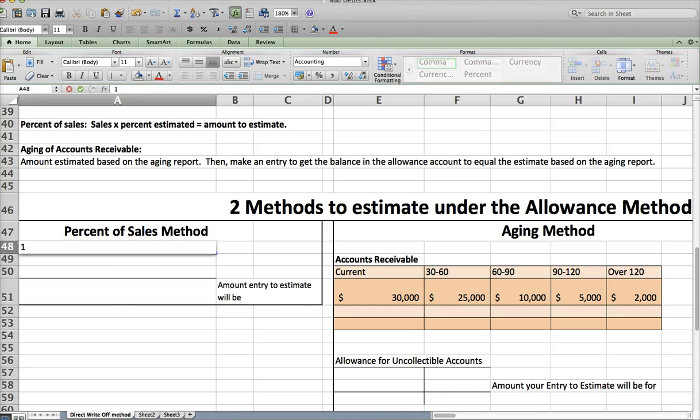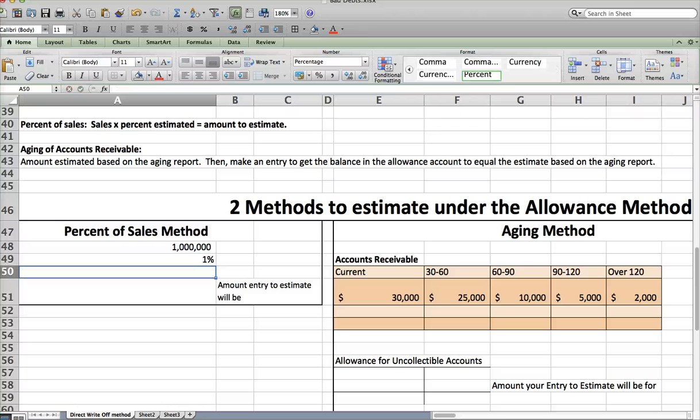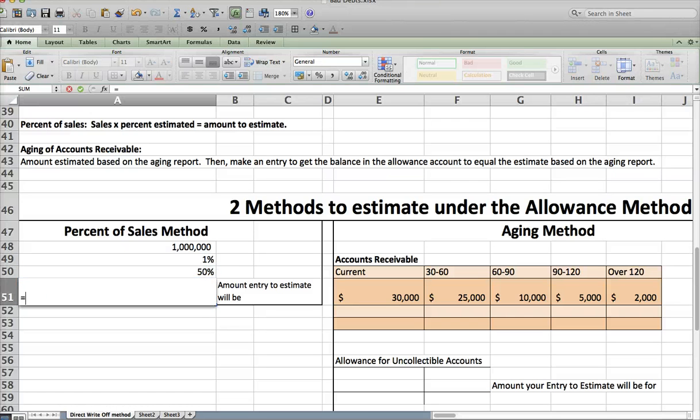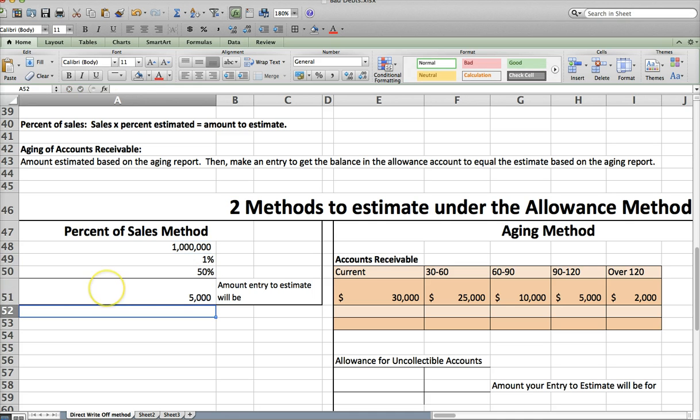Okay, so let's do the first one, percent of sales. Let's say we have $1 million of sales, and we're told that we're going to estimate 1/2% of total sales to be considered uncollectible. So we'll say 1 million times 1% times 1/2. And when we multiply that out, we'll get $5,000.